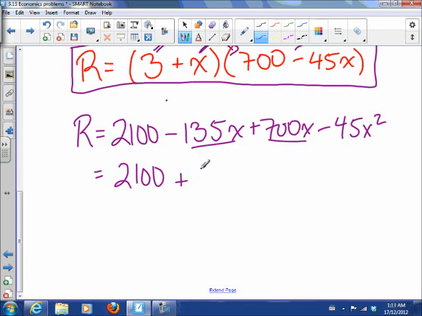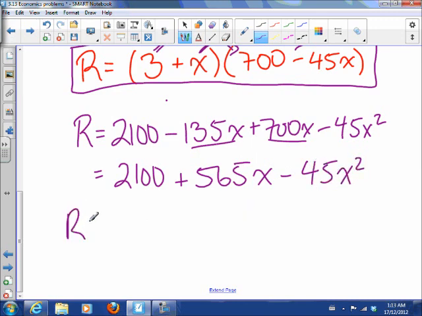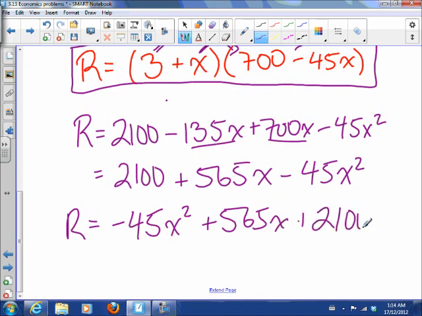So that'll be plus 565x minus 45x squared. Okay, so that means that the standard form, remember standard form has to be ax squared plus bx plus c. So that'll be negative 45x squared plus 565x plus 2,100.